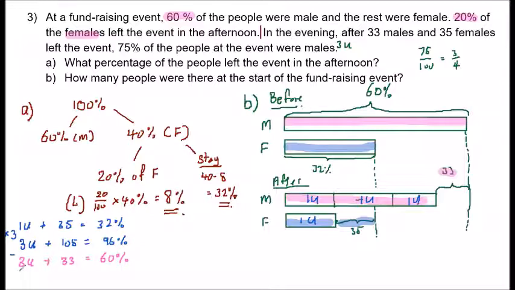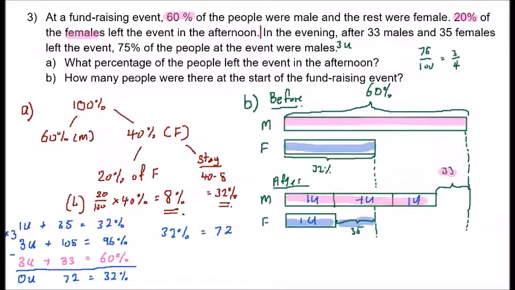If you do a minus here, 3 units minus 3 units, you have 0 units left. 105 minus 33, I have 72. And this 96 minus 60%, I have 36%. So this tells us that 36% gives us 72.